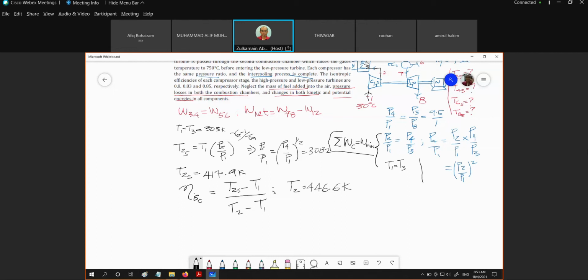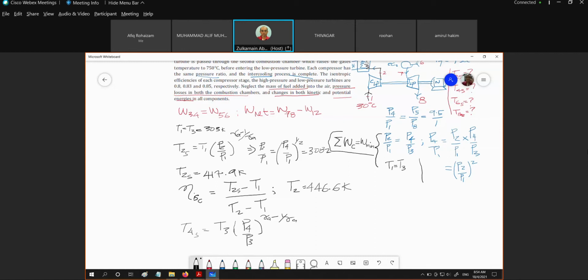Then next is what? T3, right? You see, your T3 is equal to T1, correct? Then what we get for the T4S, try to look at this first, okay? T4S is equal to T3 times P4 over P3 to the power of gamma A minus 1 divided by gamma A. Now, what is your T3?